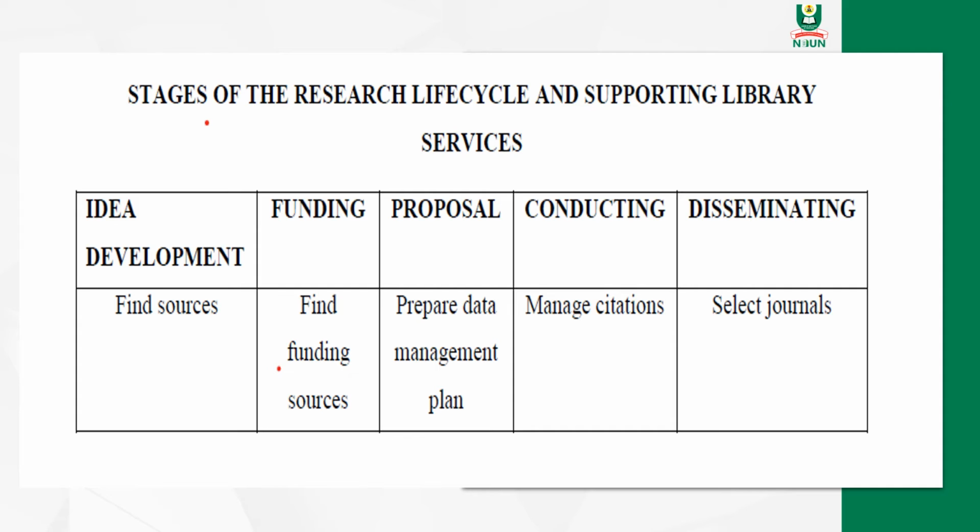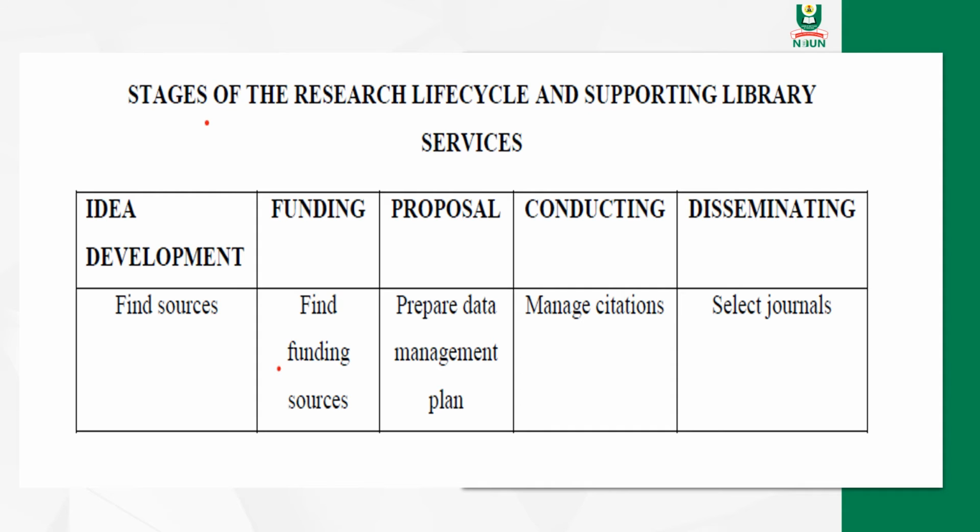First of all, you need to find sources. In finding sources, I'm talking about data sources, maybe collaborators that also want to write the same thing as he is writing. The researcher needs to look for literature in that area. All those fall under idea development.